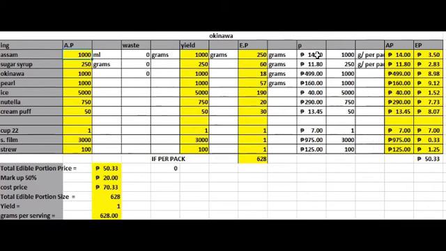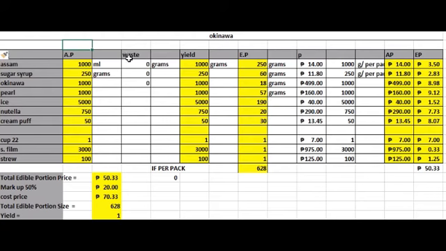Before we continue, let us discuss the parts of this different format. So, ingredients, then as purchase, so how much you buy. Okay, so as purchase, this is the unit.